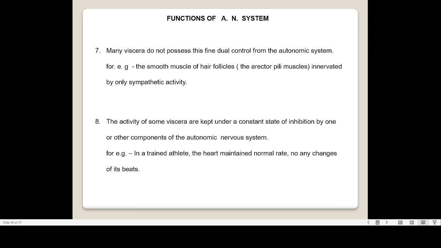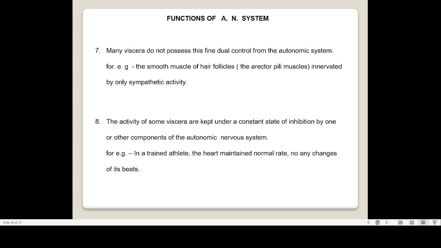Many viscera do not possess this fine dual control from the autonomic system. That means no dual innervation. For example, the smooth muscles of the hair follicles, the erector pili muscles, are innervated only by sympathetic activity. The activity of some viscera is kept under a constant state of inhibition by one or other component of the autonomic nervous system.